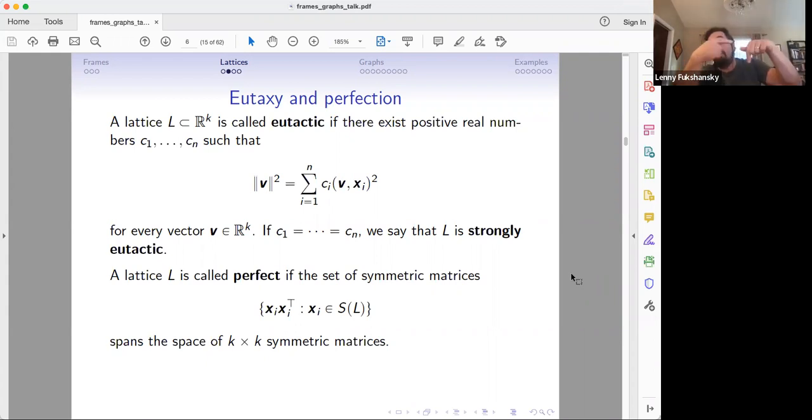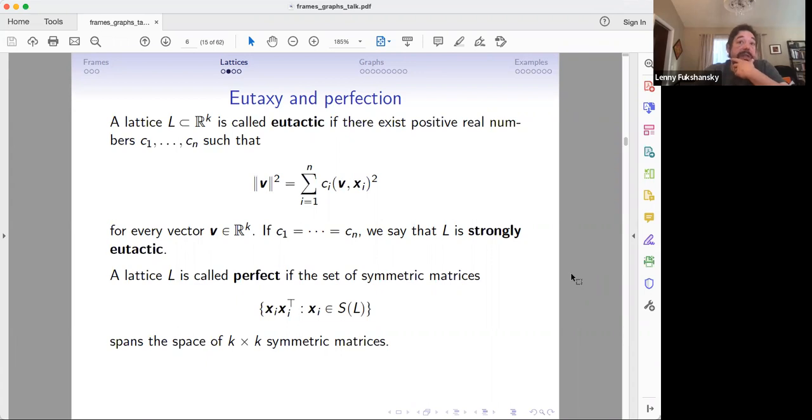So a column vector multiplied by a row vector gives a k by k matrix. It's a symmetric matrix. I can then take the set of all such symmetric matrices that come from the minimal vectors of my lattice. And the lattice is called perfect if this collection spans the space of all k by k symmetric matrices as a real vector space.